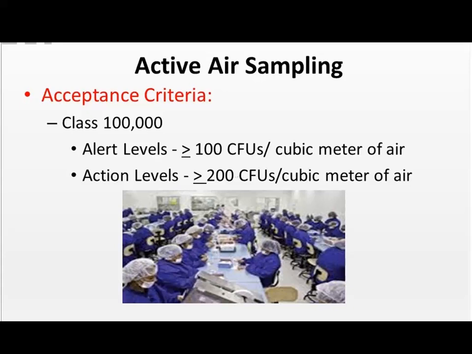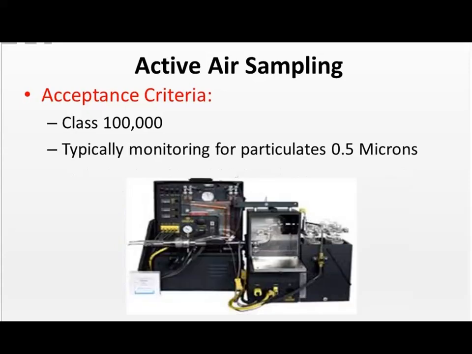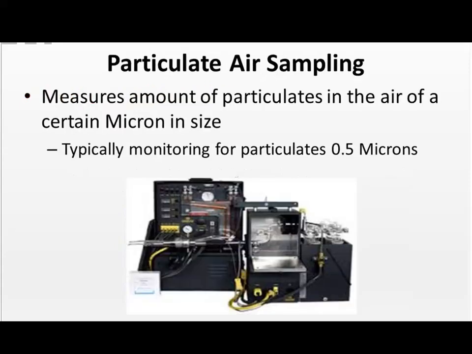Is it a training issue? Does retraining need to be done on gowning? Is there something that's being brought into the clean rooms that is contributing to this contamination? And all of this needs to be per SOPs, and then it needs to be documented, and it will have to be reviewed and approved by quality assurance.